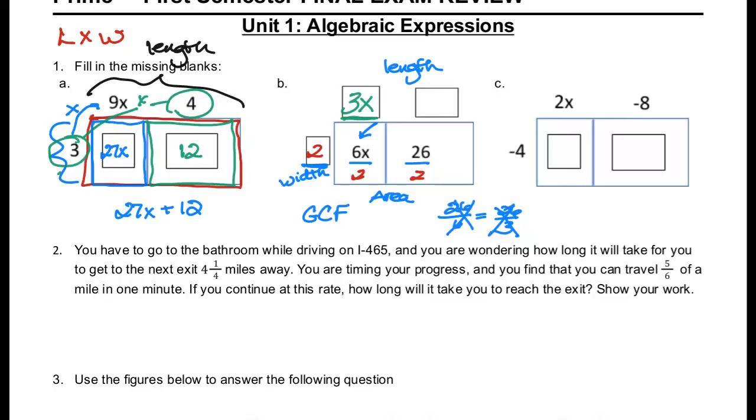Yes, 3x. So 6 divided by 2 is 3, and you have that x left. What about 26 divided by 2? 13. Yes. So the whole length of this rectangle up here is 3x plus 13, and the width is 2.